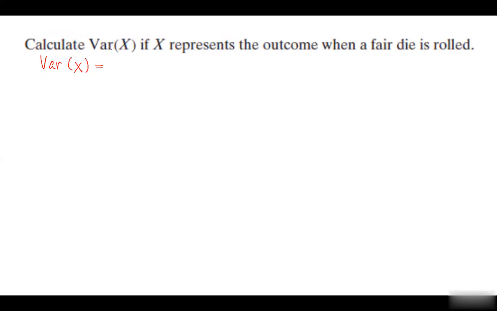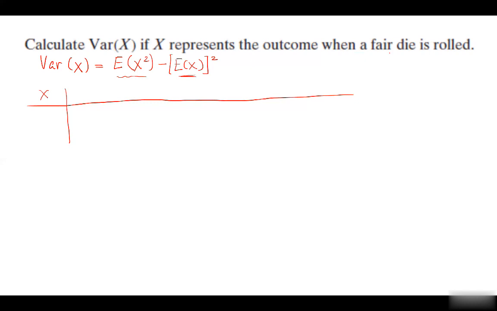In the alternative formula, Var(X) is defined as the expected value of X squared minus the expected value of X, then squared, right? So that means we need to find the expected value of X squared. Then we need to find the expected value of X and then square it, right? So first of all, let's find the expected value of X first.